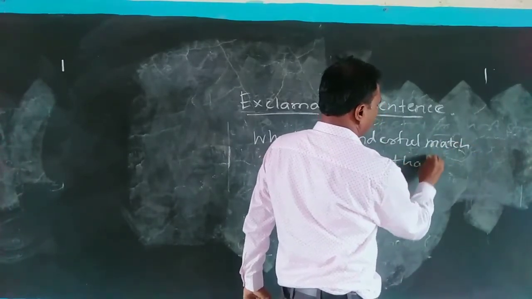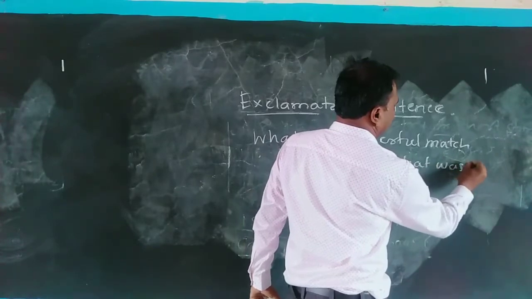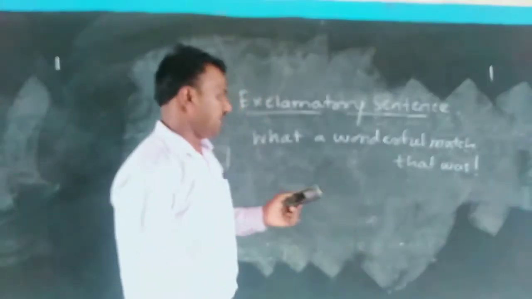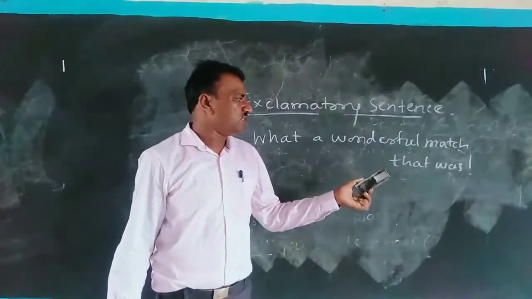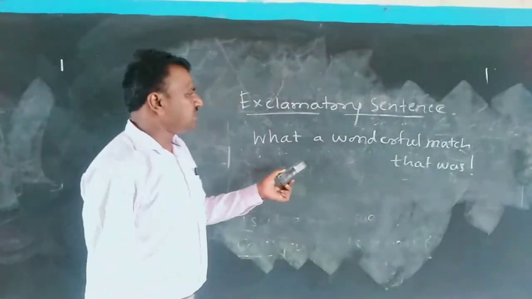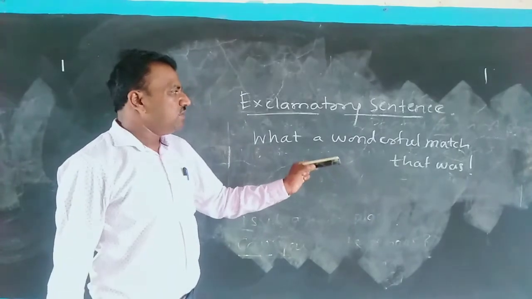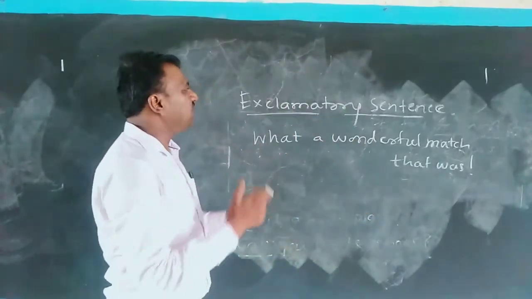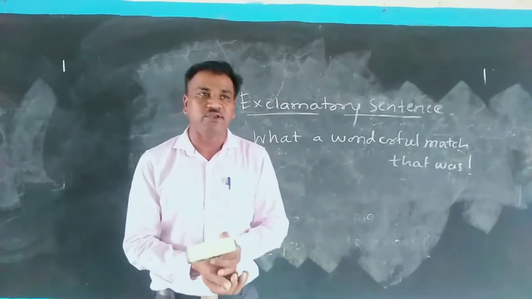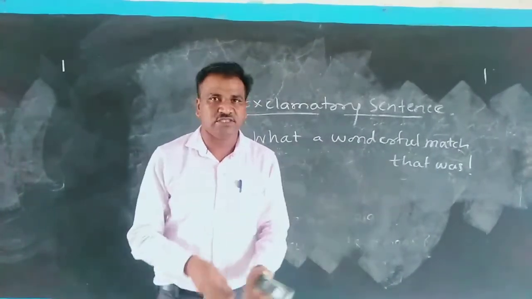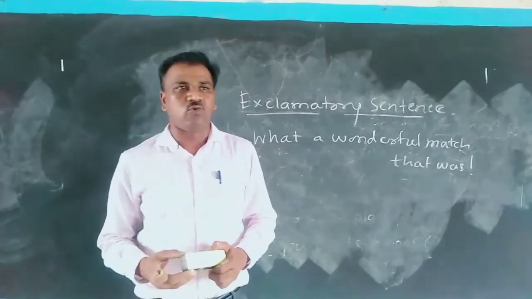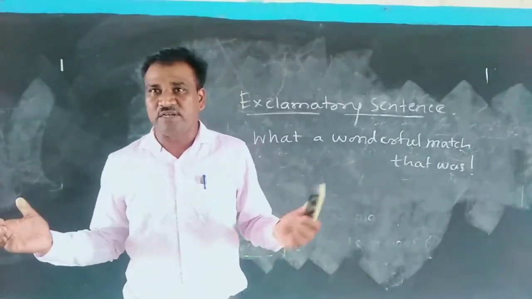And here the sentence ends with an exclamatory sign. Actually, this sentence was originally, that was a very wonderful match, and we have changed this sentence into an exclamatory sentence by using what a wonderful match that was. And if you say what a fantastic thing it was, what a beautiful place it was.